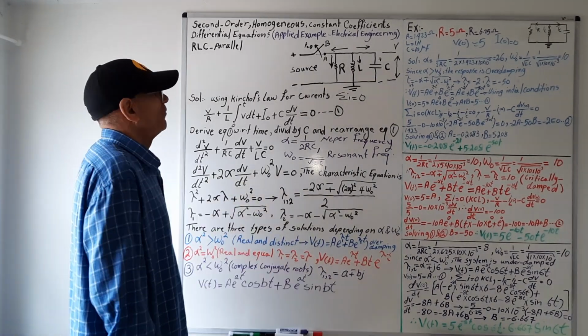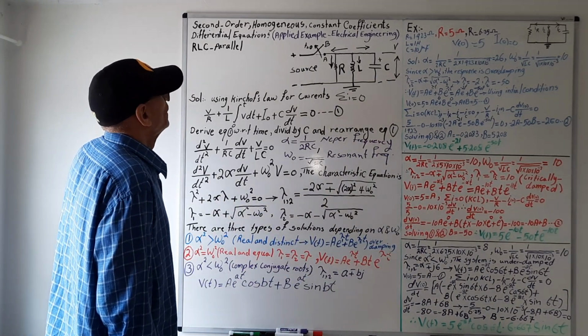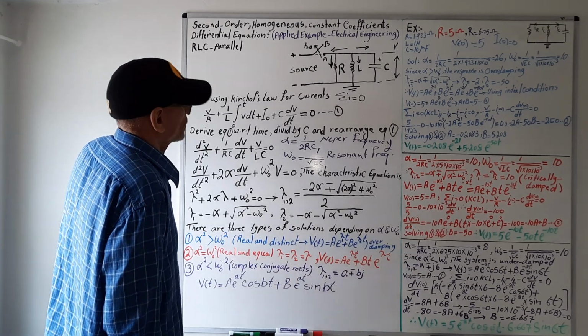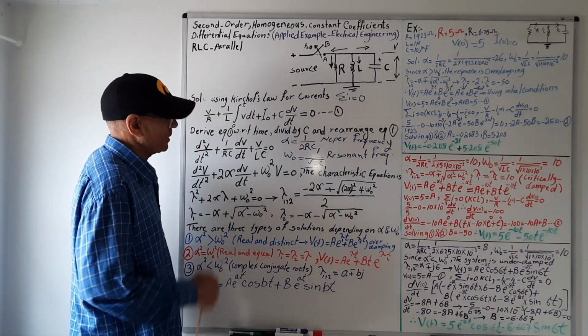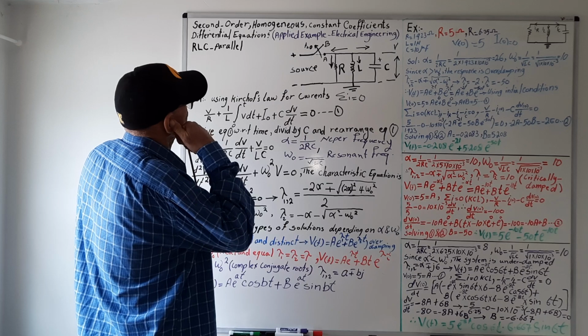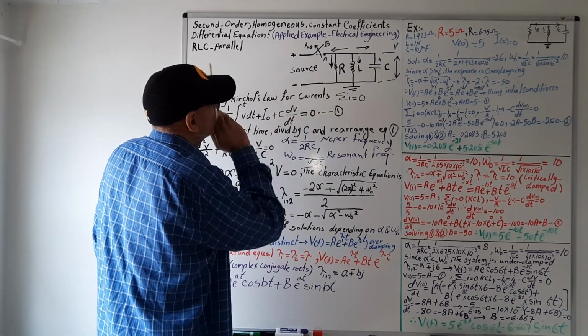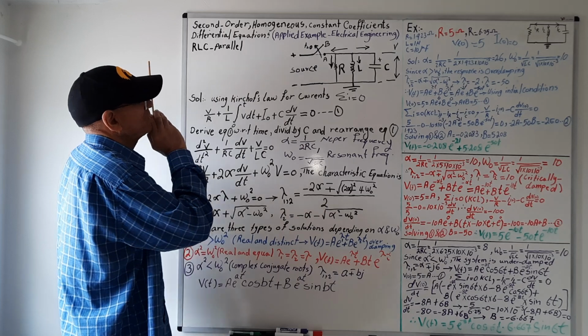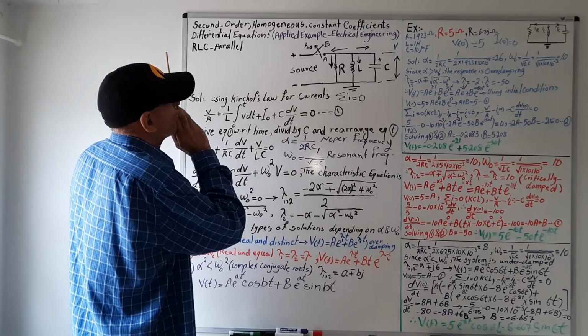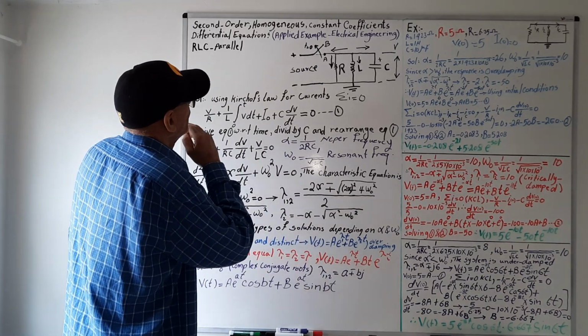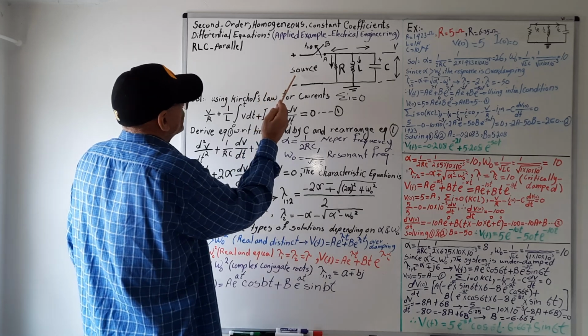Today we will have an applied example about second order homogeneous constant coefficients differential equations from electrical engineering. We have a system RLC: resistance, inductance, capacitance. And here this is the source.